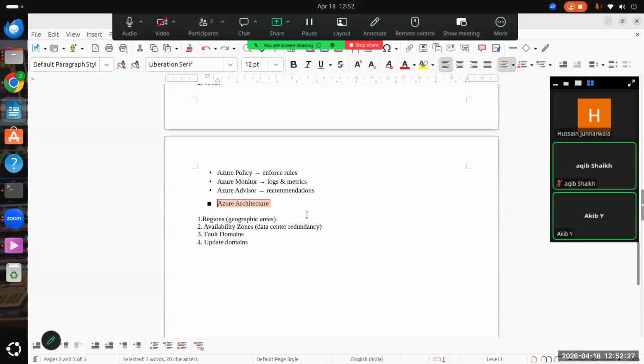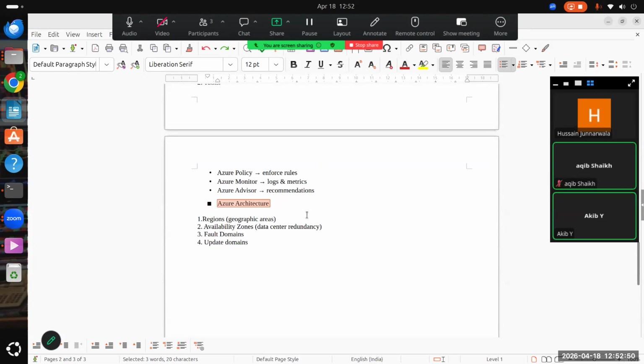It is distributed according to geographic region. We have data centers in India, the United States, China, Japan, Europe, the UK, and Germany. In each region, they have availability zones.